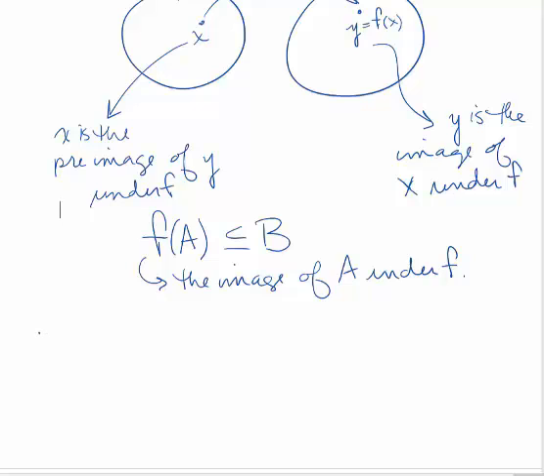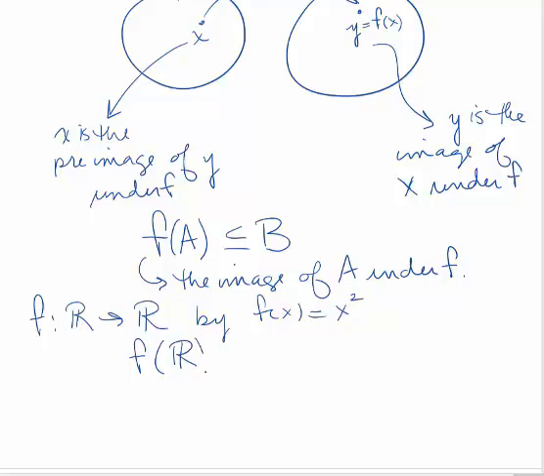For example, if F is a mapping taking the real numbers to the real numbers by, and here's the rule, F of X equals X squared, then this notation here, F of capital R, is the range of the function. F of R would be equal to the set of all positive or zero, so let's just say non-negative real numbers.